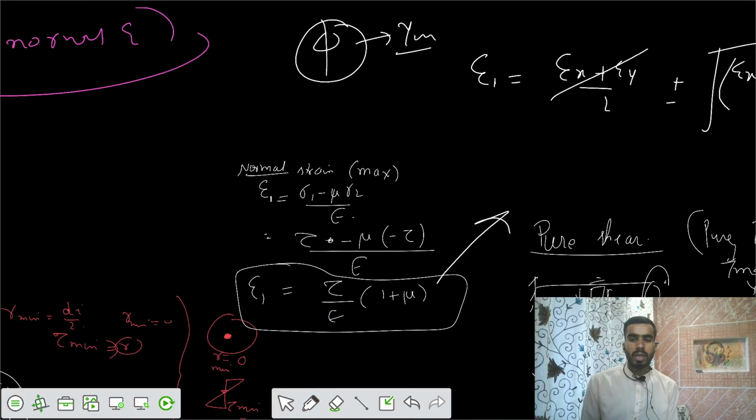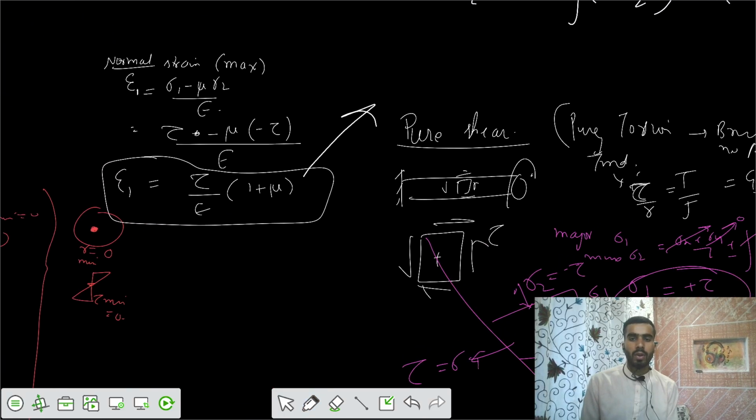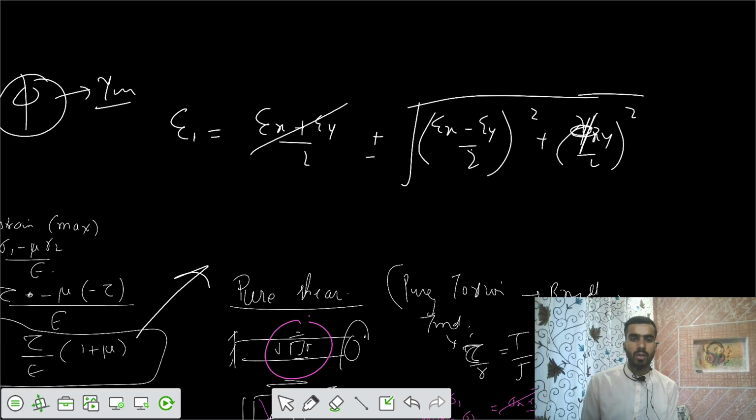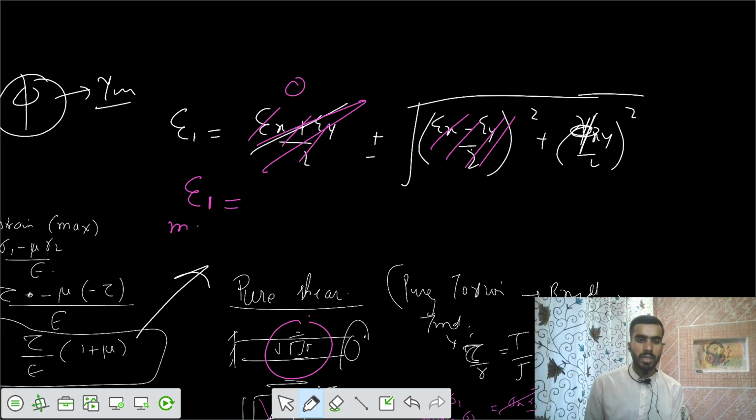Because of the loading that you are applying, the torque, we have shear stresses developed. So the normal stresses we have are 0, and the normal strains we have are 0 because of the loading. This one and this one we have 0. So your maximum normal strain we can get, that is the major principal strain, equals phi by 2.